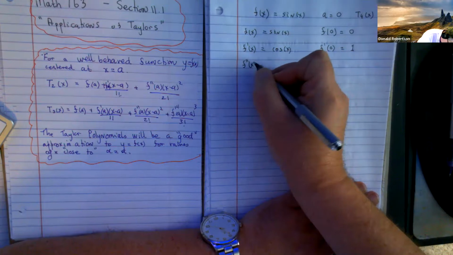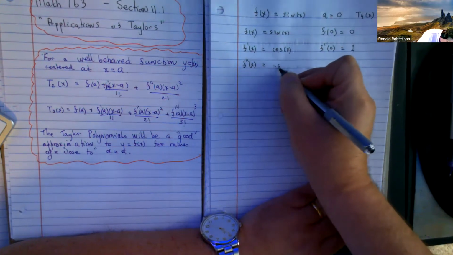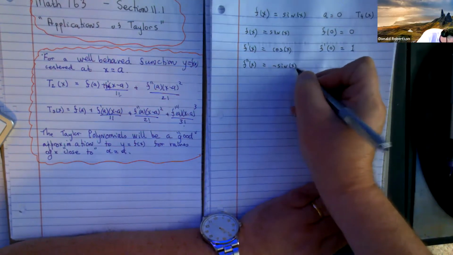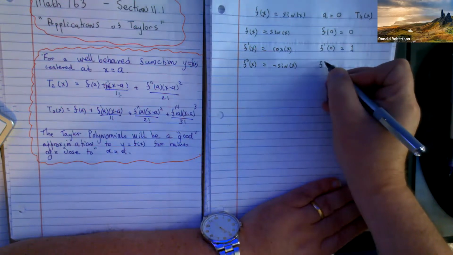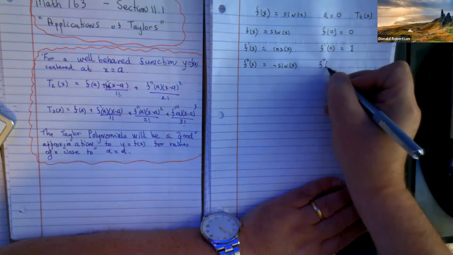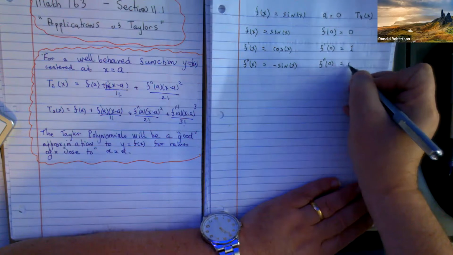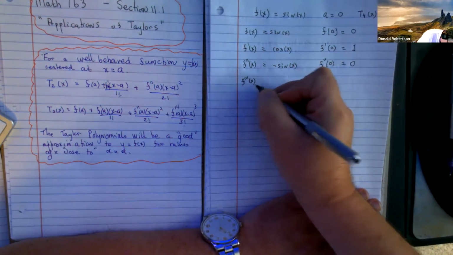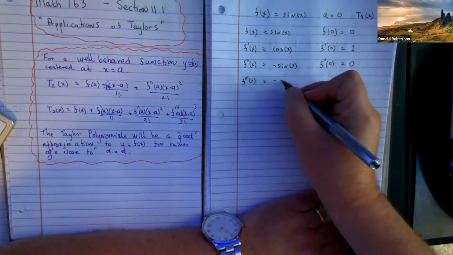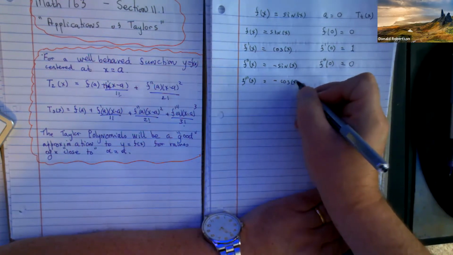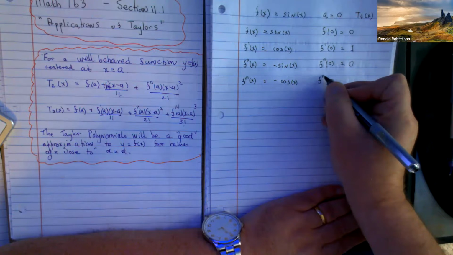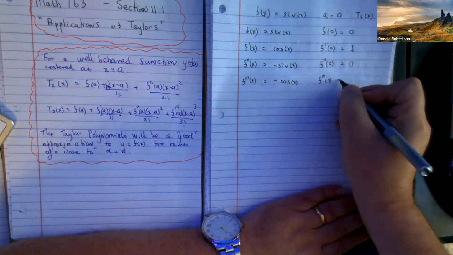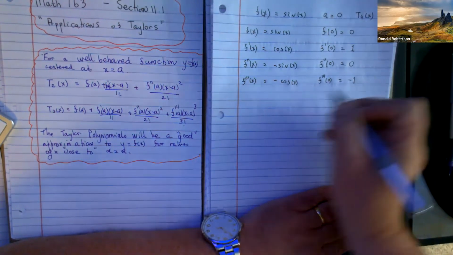The second derivative is differentiate that guy, and you get negative sine x. And the second derivative at 0 is 0 again. And then I'll do the third derivative, which is negative cosine x. And the third derivative ends up being negative 1.